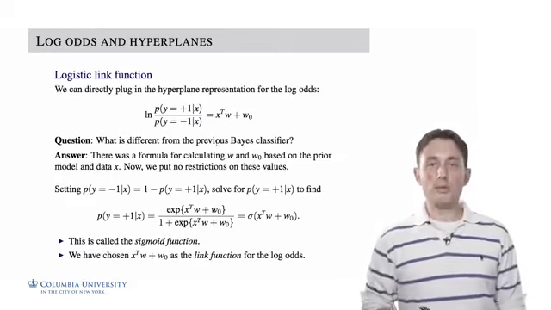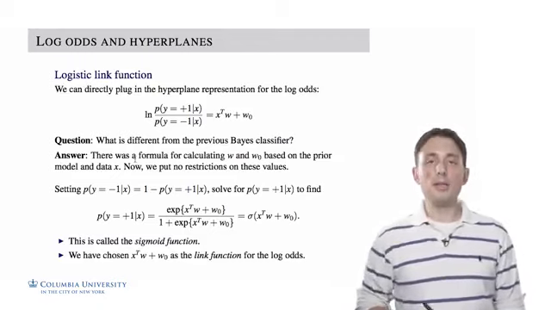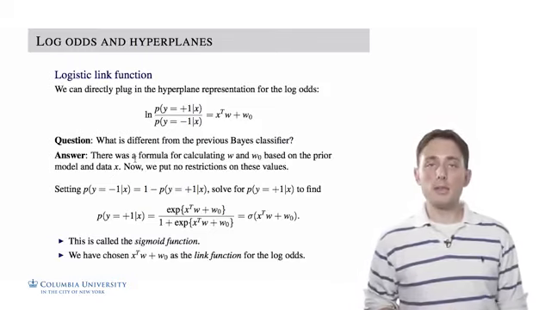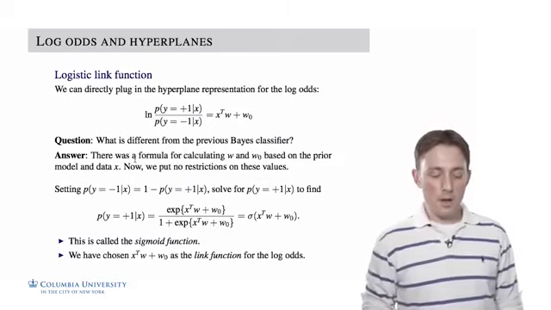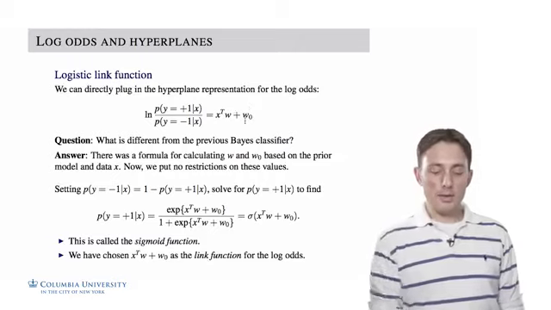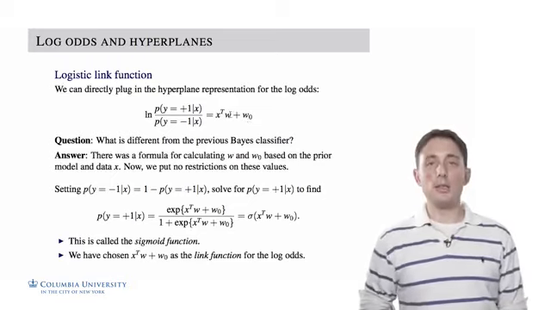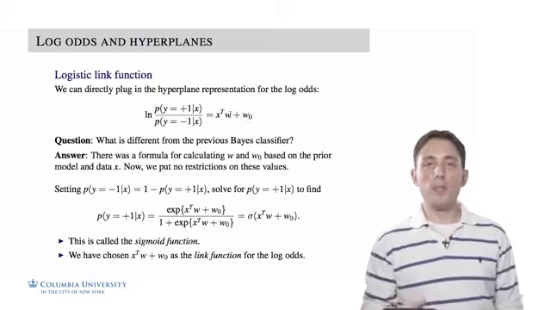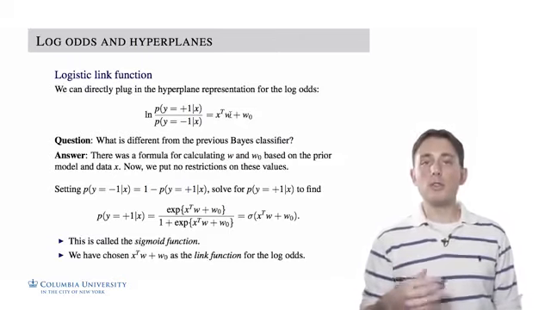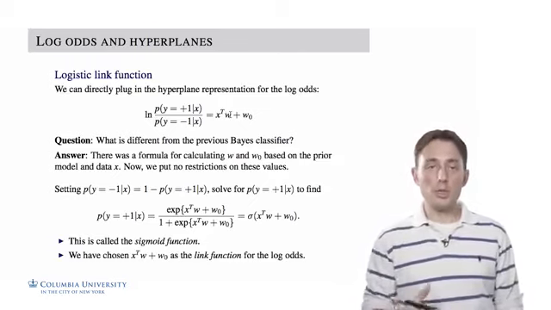Maybe it's an obvious answer, but recall that with the Bayes classifier, the linear discriminant analysis approach to Bayes classification, we had essentially this same exact representation, except we had a very specific formula for calculating the offset W naught and for calculating the vector W. And it was a function of the class priors, a function of the class-specific means, and a function of the shared covariance matrix that's shared between each class.